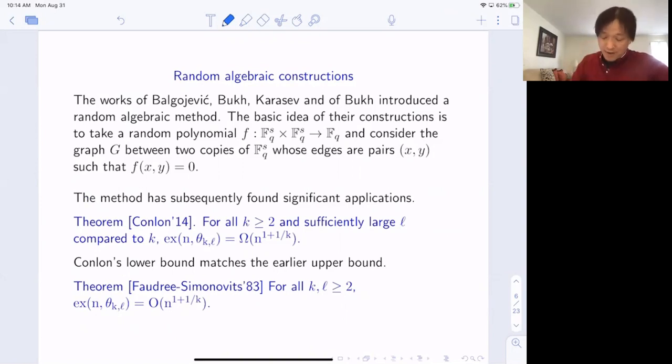Okay, so let me remind the audience what the theta graph is. Theta k,L is the graph you get by taking L many k-paths sharing the same ends, but otherwise disjoint in the middle. Each path has length k.